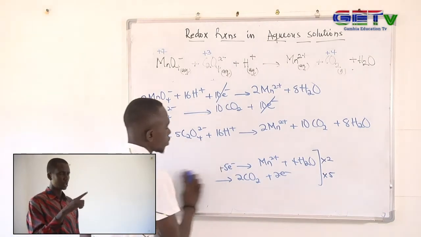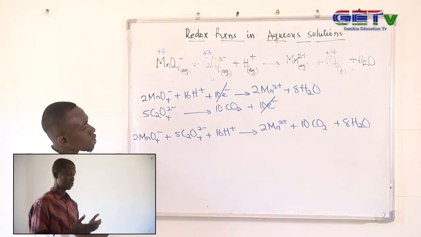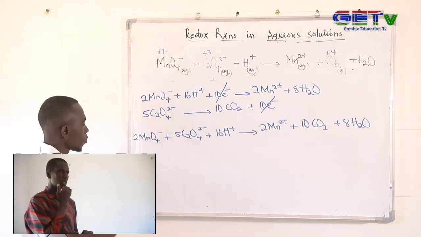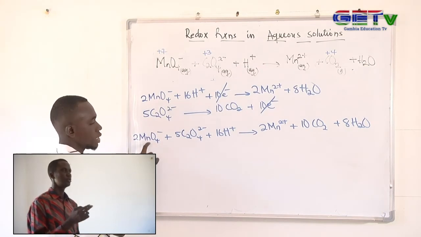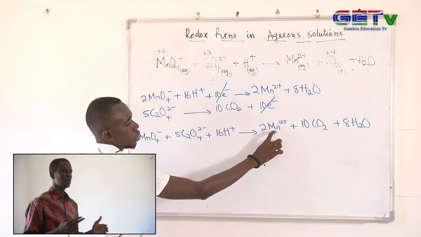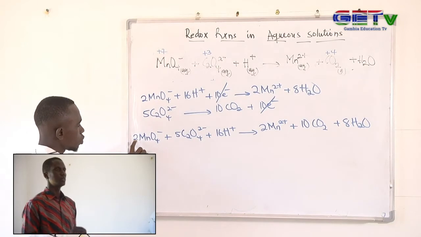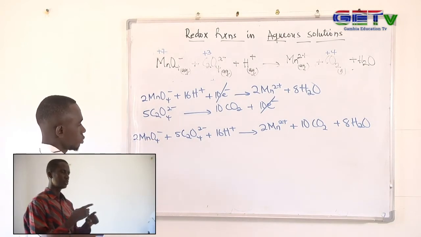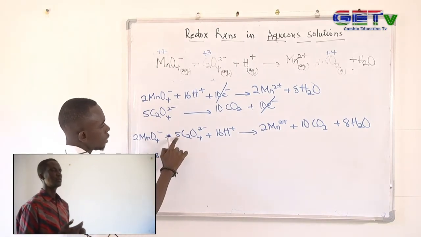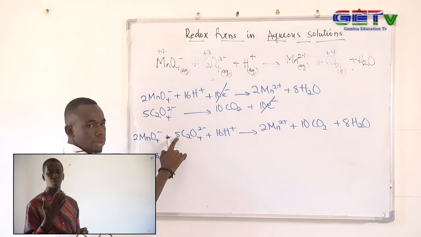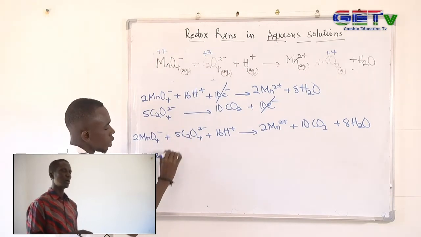Now, let's try and confirm whether this equation is balanced or not. First, we try to check whether the mass of the equation is balanced, by looking at the number of atoms. For manganese, we have 2 this side, and manganese this side also is 2, which means the manganese is balanced. Oxygen here is 2 times 4, which is 8. Oxygen here is 5 times 4, which is 20, which means we have 8 plus 20, which equals to what? 28.